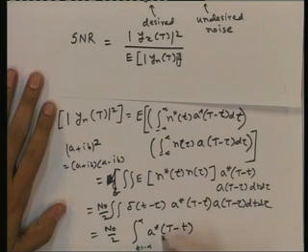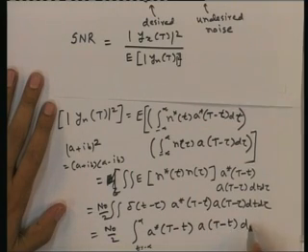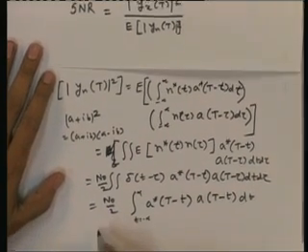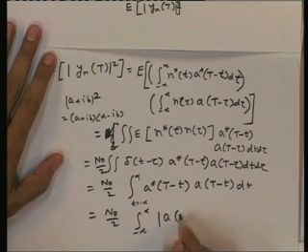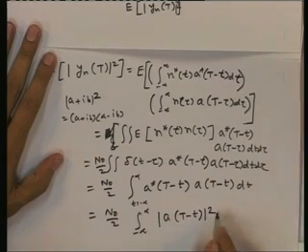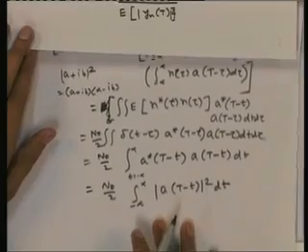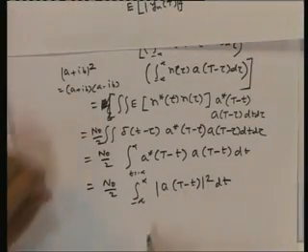So we actually have a(t minus t) again dt. This is now the energy of this A.